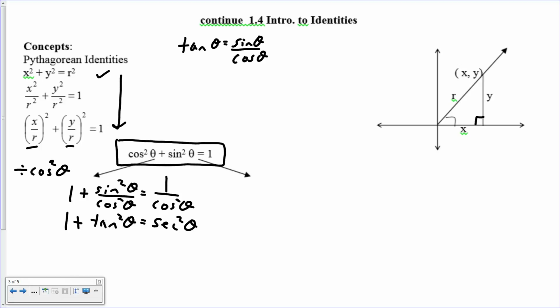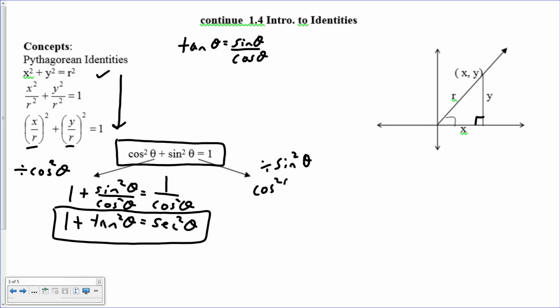And so this right here is another box that I'm going to want to know. I can do the same idea on this part, except divide by sine squared theta. And therefore, I'm going to have cosine squared theta over sine squared theta plus 1 equals 1 over sine squared theta.